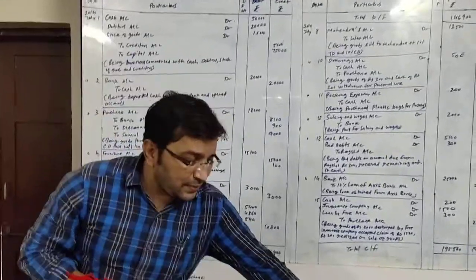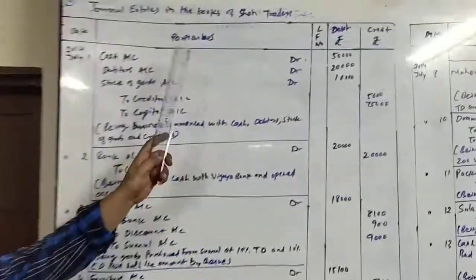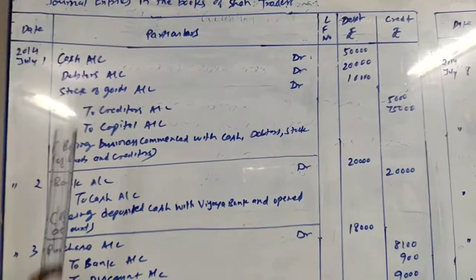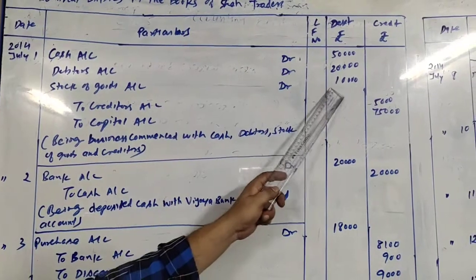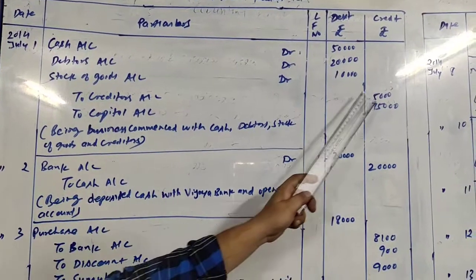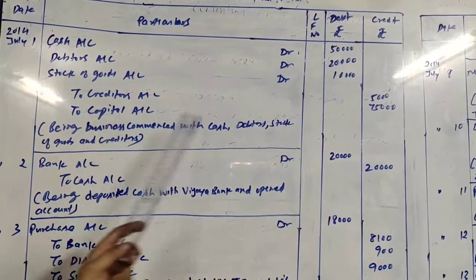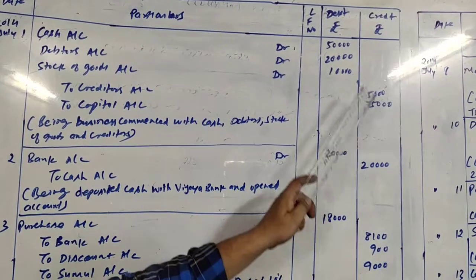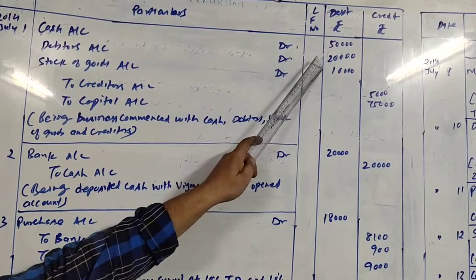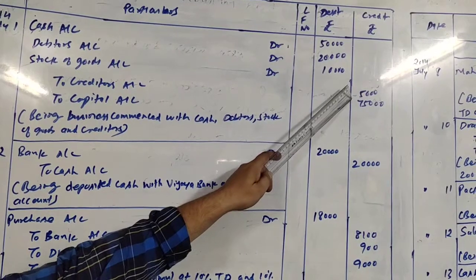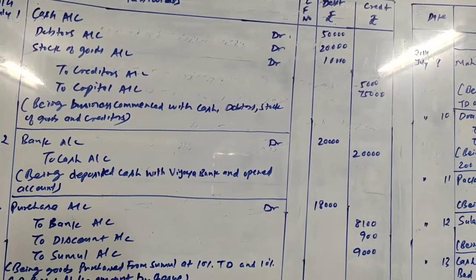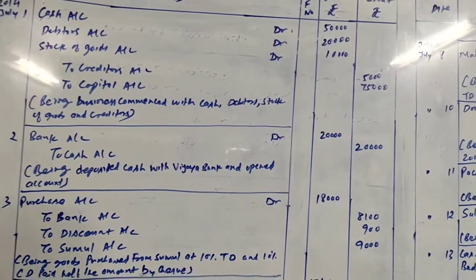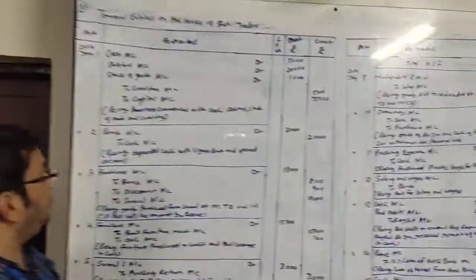Here the entry is cash account debit 50,000, debtors account debit 20,000, stock of goods account debit 10,000, to creditors account 5,000 and to capital account 75,000. How come this 75? The total of the three minus the liability of creditors 5,000. So the net amount 75,000 is the net input as capital by owner.